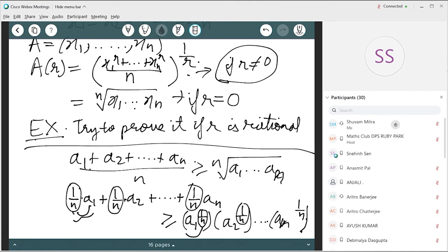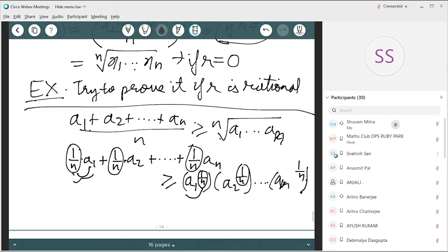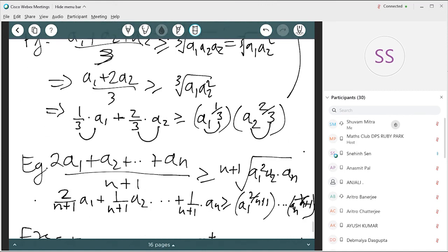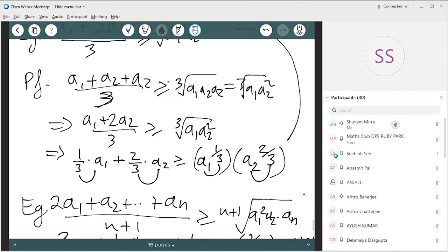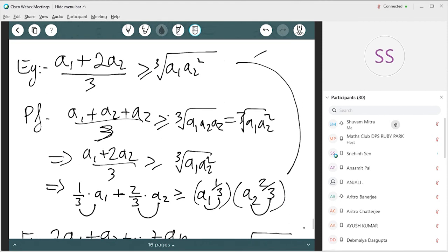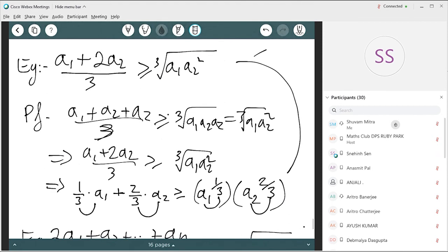So basically, in this example it would be clearer. Try to go through this example once and see how the power and the coefficient of A1 and the power on the RHS are related.